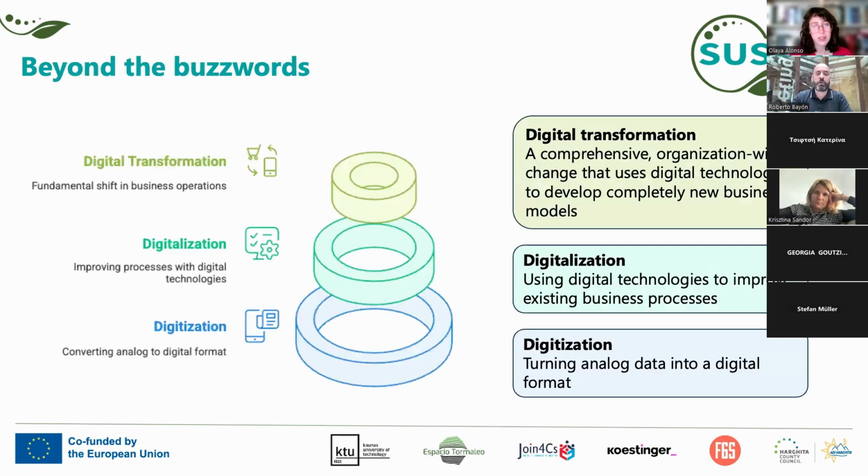So the first step would be digitization. Digitization is the foundational process of converting analog information or physical items into a digital format. This involves taking something tangible, like, for instance, a paper document, a photograph, or a sound recording, and encoding it into bits and bytes that a computer can store, process, and transmit. For instance, a healthcare provider might begin by scanning patient records to make them digital and more accessible.